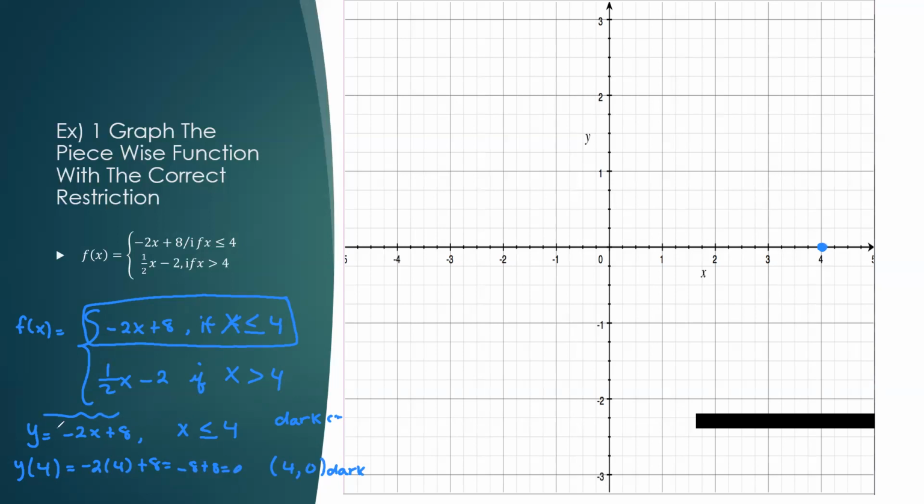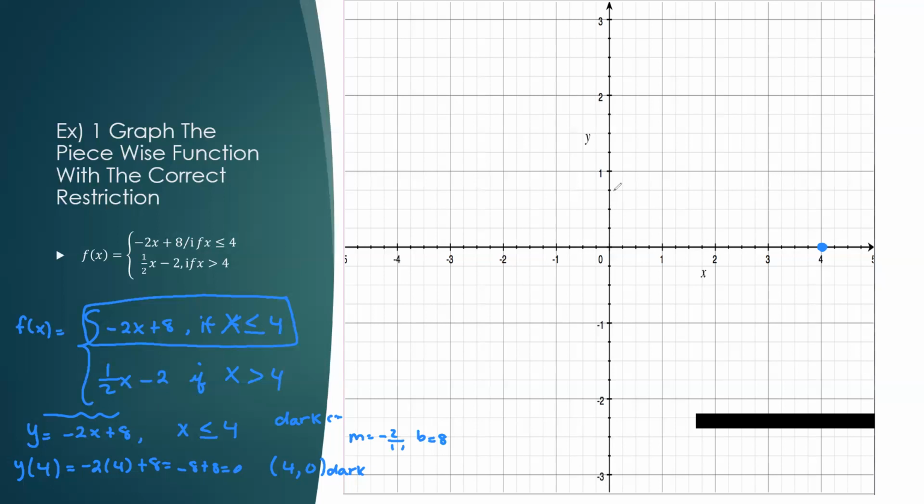Now let's continue this graph as if we're graphing y equals negative 2x plus 8. We're going to graph a linear line using the rise over run method. We know that our slope is negative 2 over 1, and my b is 8. Go ahead and plot it. Yikes, my graph is not to scale, so we're just going to pretend: let's use 1 for each dot.